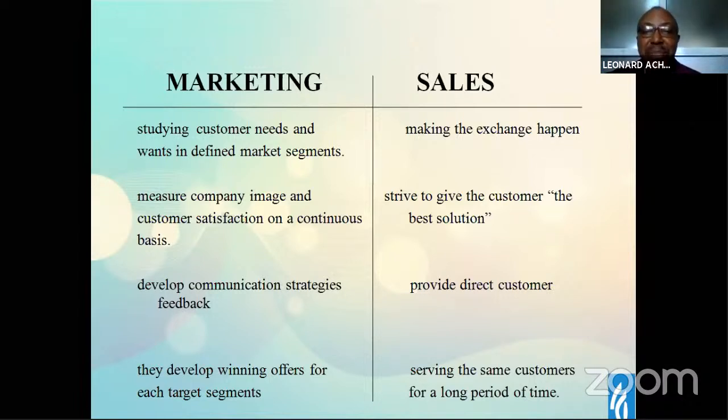Marketing measures company image and customer satisfaction on a continuous basis. That's what marketing does. Marketing reviews how customers look at the company and how satisfied customers are on a continuous basis. They do that with different kinds of strategies. Whereas sales tries to give the customer the best solution.